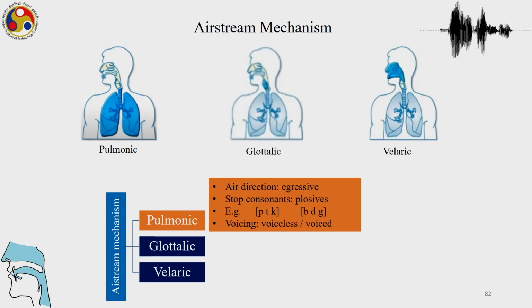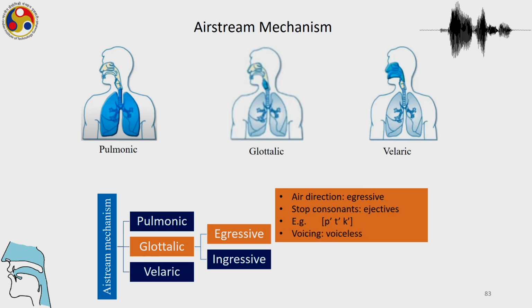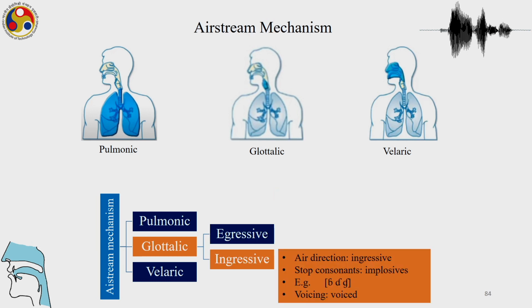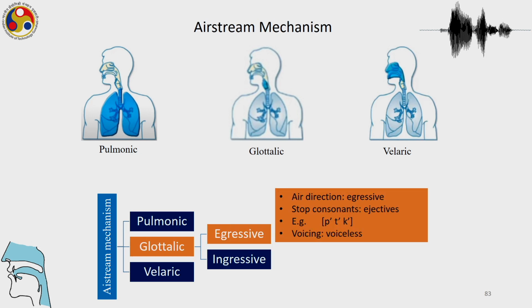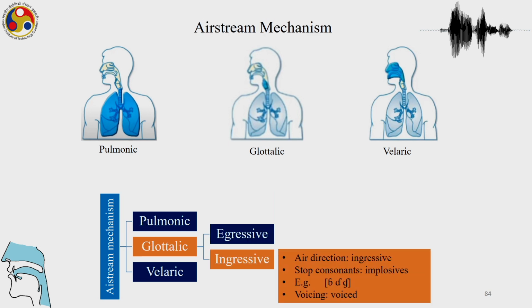With the glottalic airstream, two ways are possible, egressive and ingressive. With the egressive airstream mechanism, we produce ejectives. With the ingressive, we produce voiced implosives. So ejectives are mostly voiceless and implosives are mostly voiced.